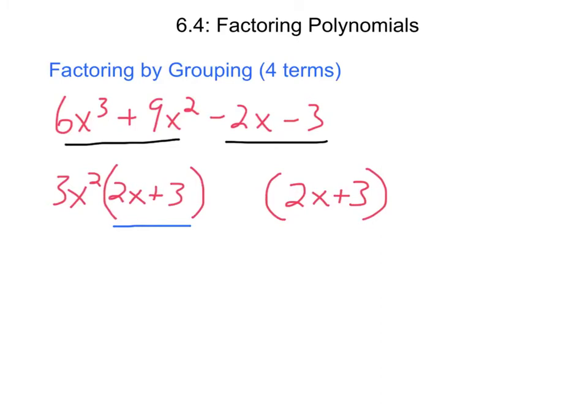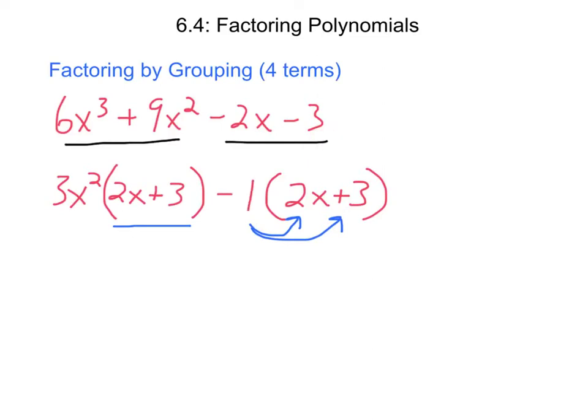And then we want to figure out what do we multiply right here in front of that second set of parentheses, so that if we did the distributive property, it would come out to equal the answer above, negative 2x minus 3. And we'd have to multiply by negative 1. So we'll put in a minus 1 this time.